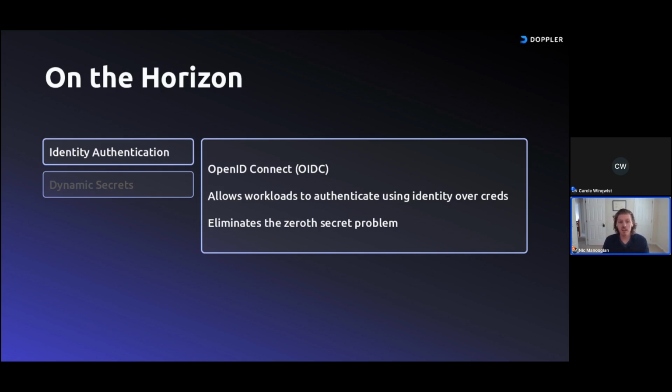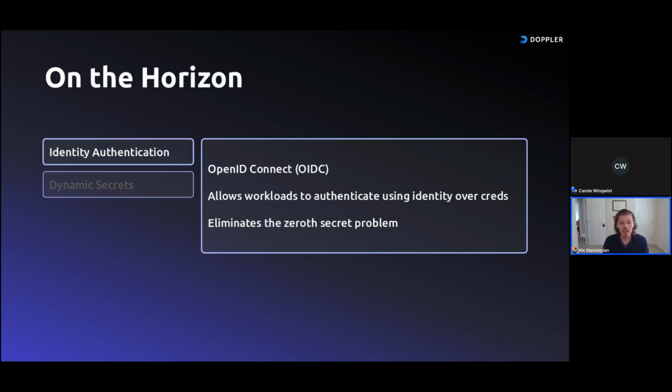Open standards like OIDC allow workloads to authenticate to other services without a portable credential, right? Anytime that a developer is accessing secrets in Doppler over the wire, they're doing so with a portable credential, like an API key. So we're really excited to see the elimination of some of those things.